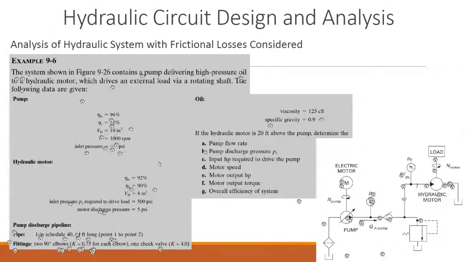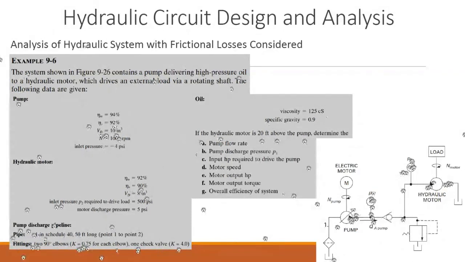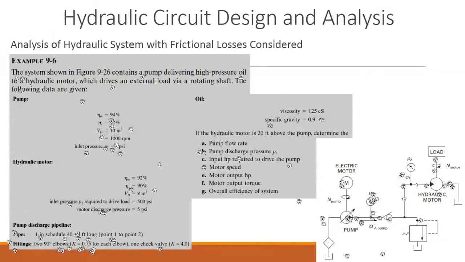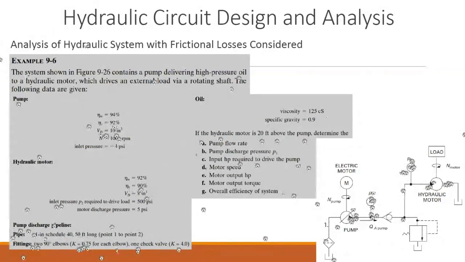Number two, the pump discharge pressure, which is P1. We need to find this one too. Number three, the input horsepower required to drive the pump. Again, we are not going to find horsepower, but the input power required to run the pump in kilowatts or watts.